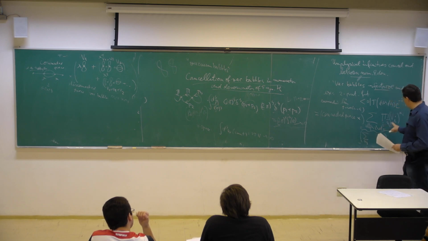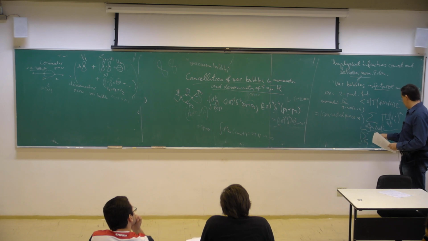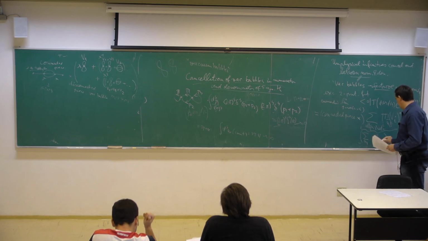So the product is over i, right? I take the product outside, then in each I have sums, but only over the corresponding N. In this case it would be N1, so V1 to the N1 over N1 factorial, right?